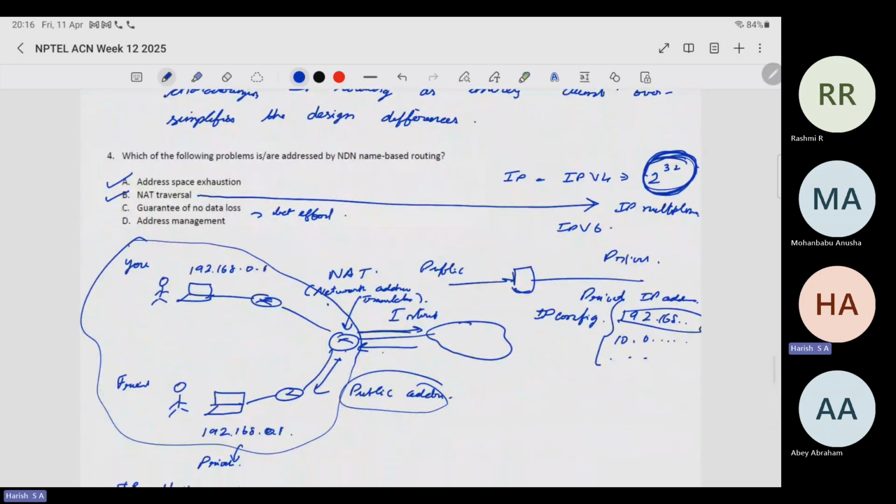And guarantee of no data loss is not an answer. Why?